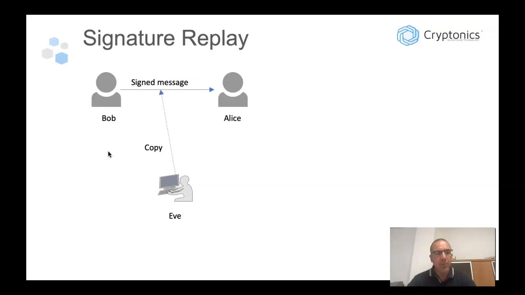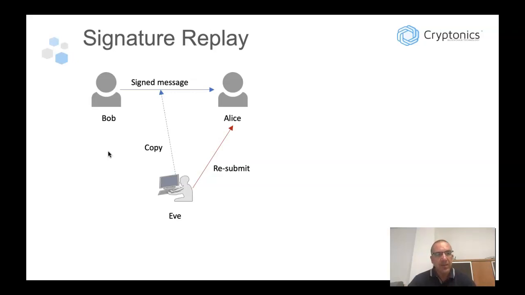Eve just makes a copy of the signed message, which is possible if the communication channel is accessible. And then Eve just resubmits this very same message. And Alice won't be able to tell the difference unless there's something in the message that identifies whether this message has been sent before or not.